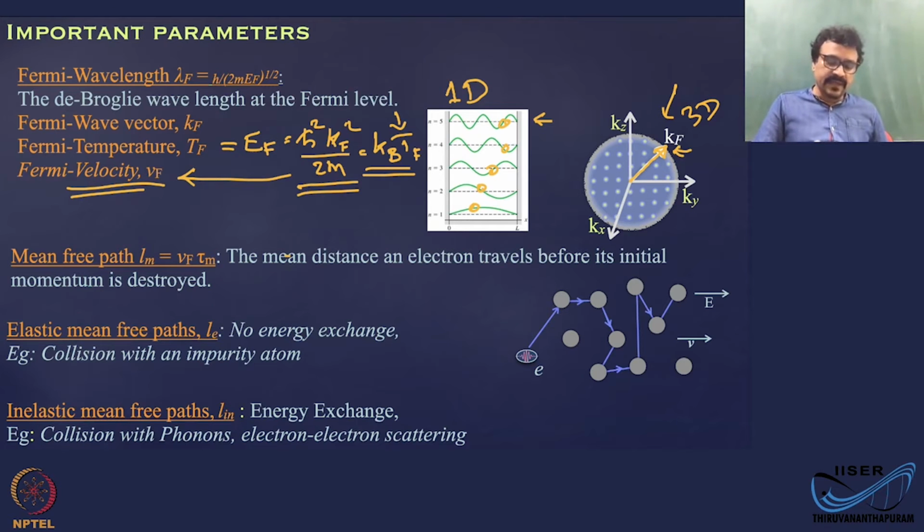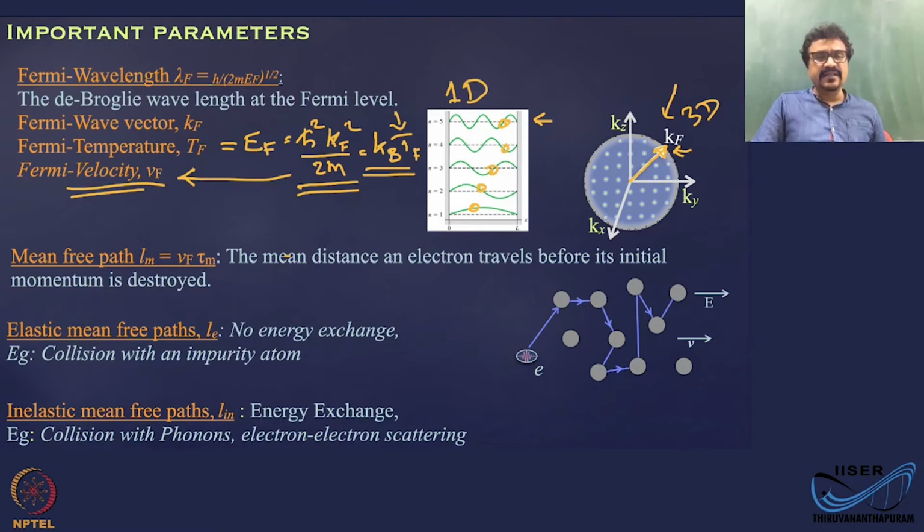Okay. Now, the second parameter, which is also very important, is the mean free path. Mean free path, which we already have discussed in the context of Drude's theory, is the mean distance the electron travels between successive collisions under the action of an electric field.